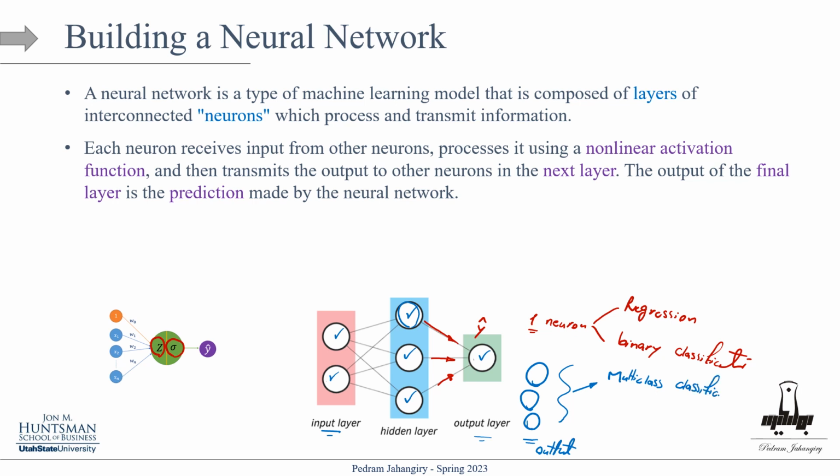For multi-class classification, we can use Softmax. So remember, for regression we can use linear activation function, we can use relu activation function, and for binary classification, we could use sigmoid. So maybe this is a good summary. And then we can have another one, multi-label classification.